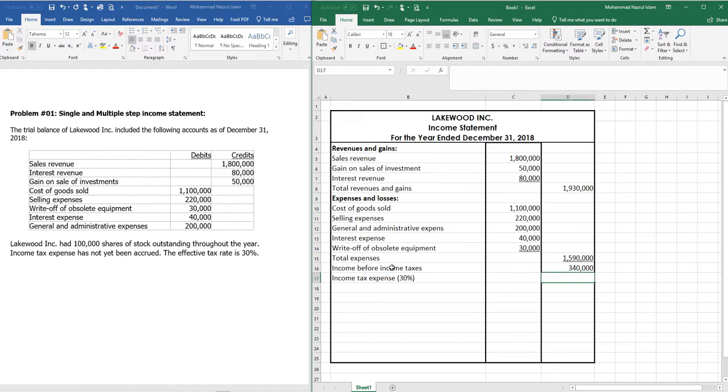So 30% of 340,000 should be equal to, let's calculate this over here, 340,000 multiplied by 0.3.